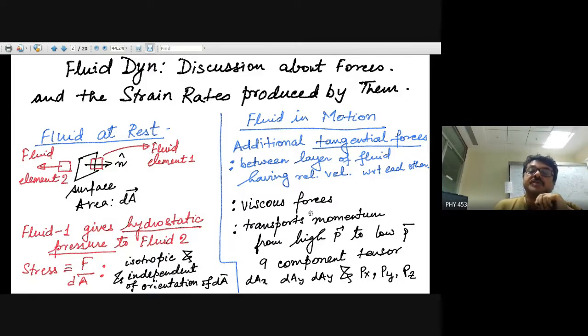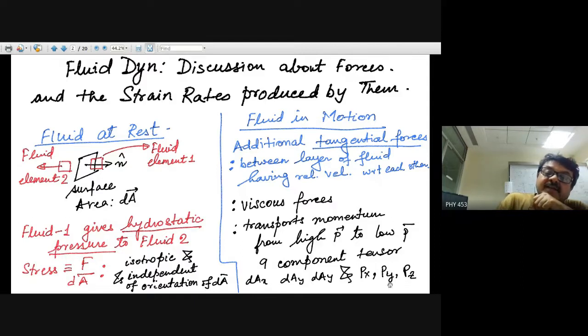What do viscous forces do? Viscous forces act on the surface of the fluid. They transport momentum from a region of high momentum density to a region of low momentum density. Momentum being a vector, you can have three different components: px, py, pz. And across the surface, which can be oriented along ax, ay, az, or any combination of these two.